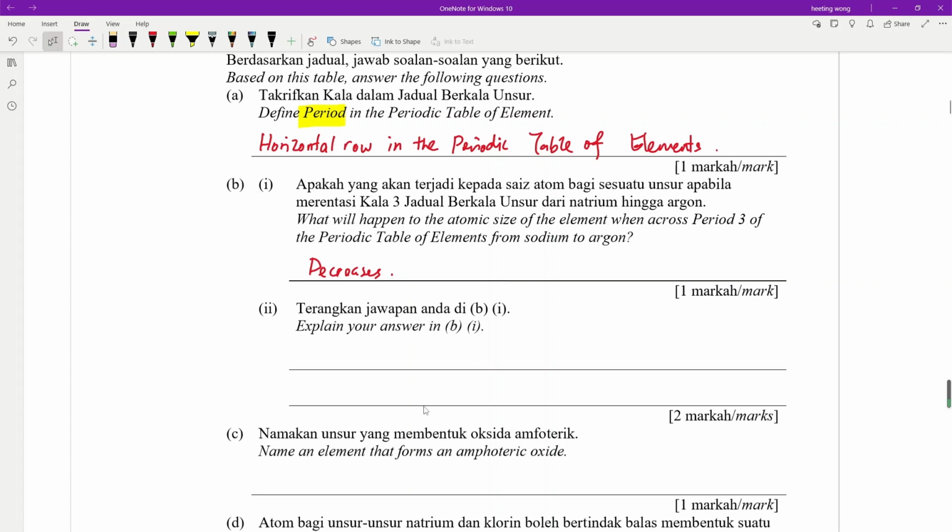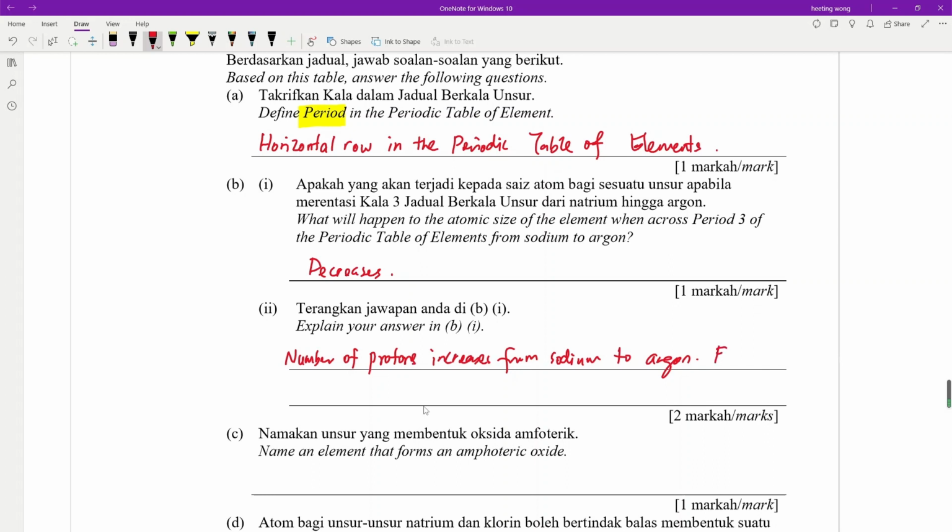Remember, in order to explain this atomic size, first we have to mention that the number of protons increases from sodium to argon.